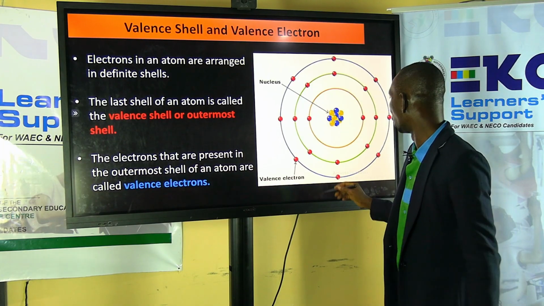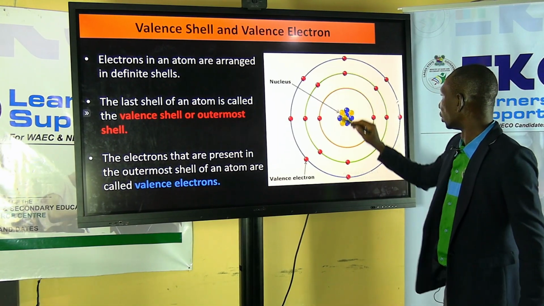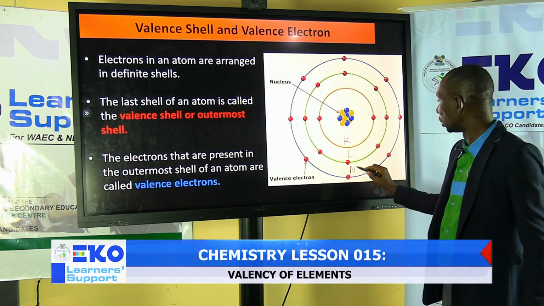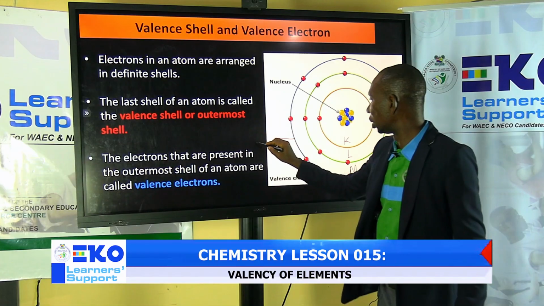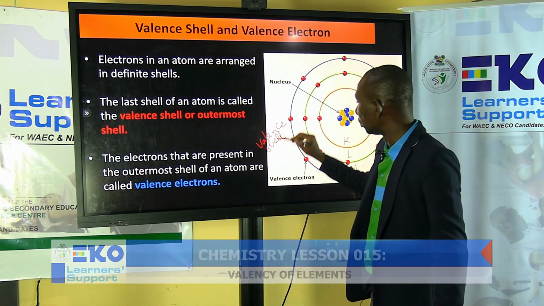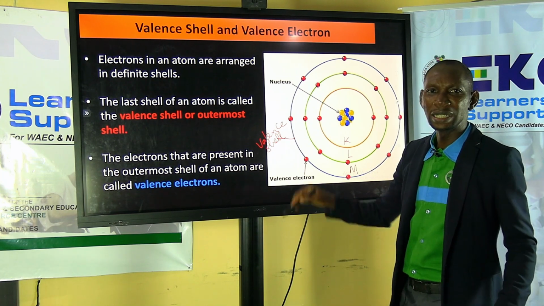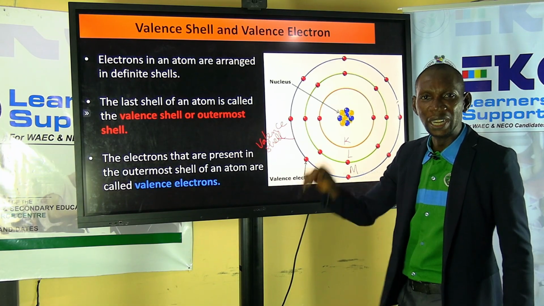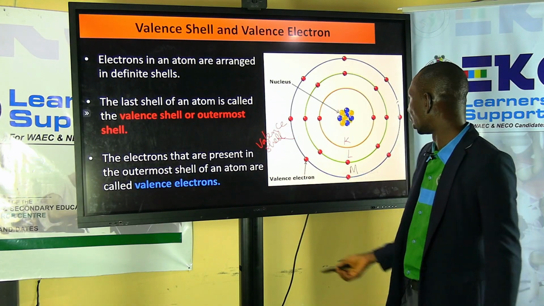If you look at the diagram here, this is going to be our K, this is going to be our L, this is going to be our M. The M is the last shell, and so it is referred to as what? The valence shell. Another name you can call it is the outermost shell. And the number of electrons contained in it is what we call the valence electrons. So the valence electrons are contained in the valence shell.